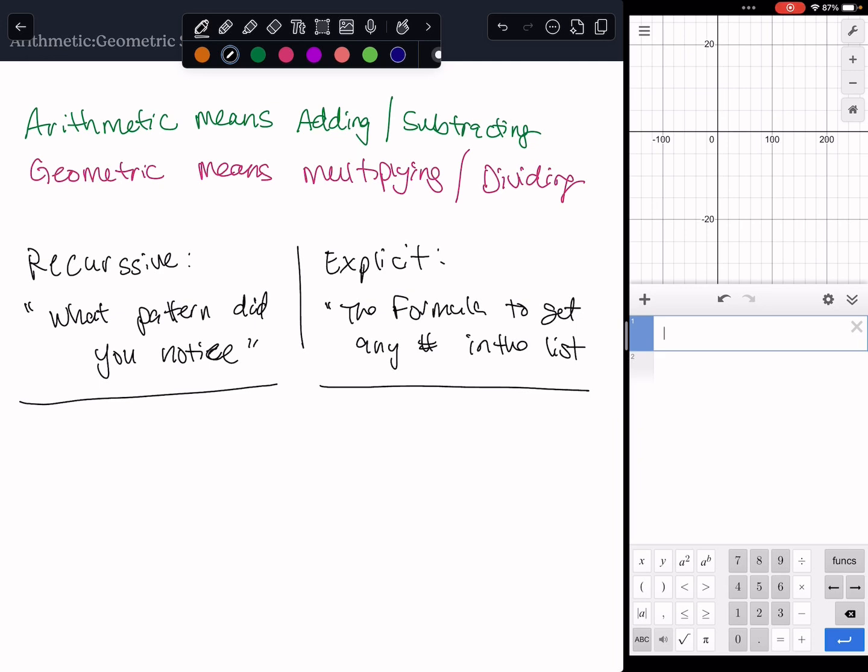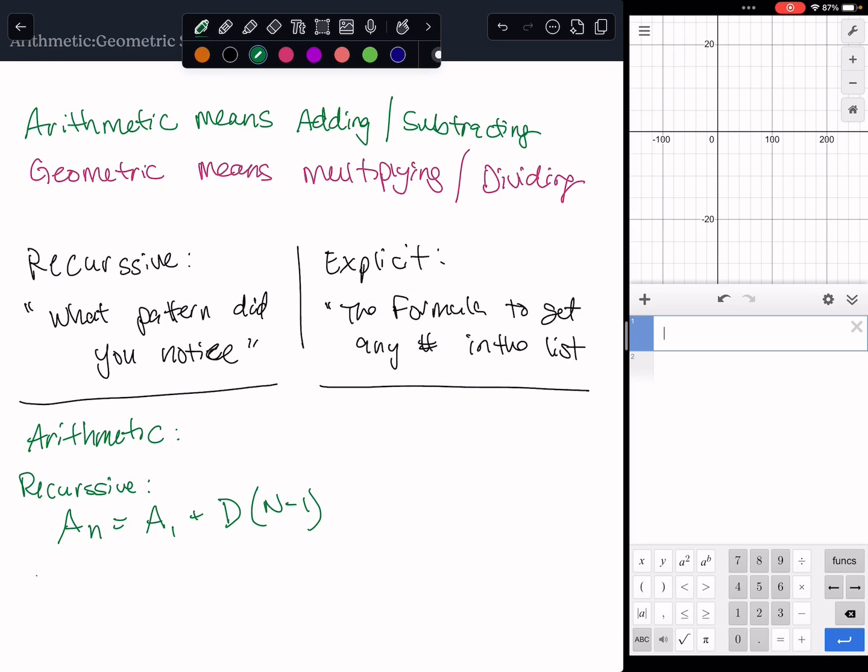So for your arithmetic formulas, we'll do this back in green. Your recursive formula is going to be a of n equals a of 1 plus d times n minus 1.